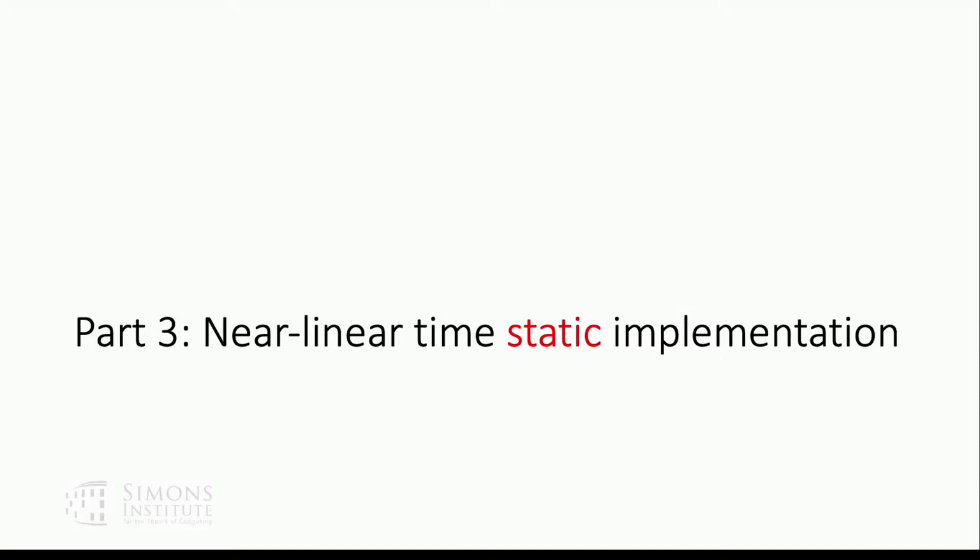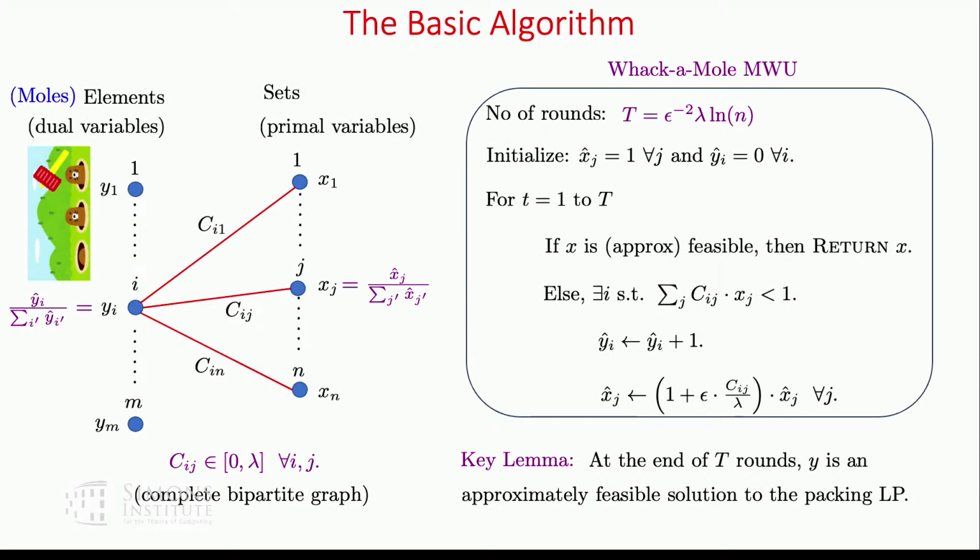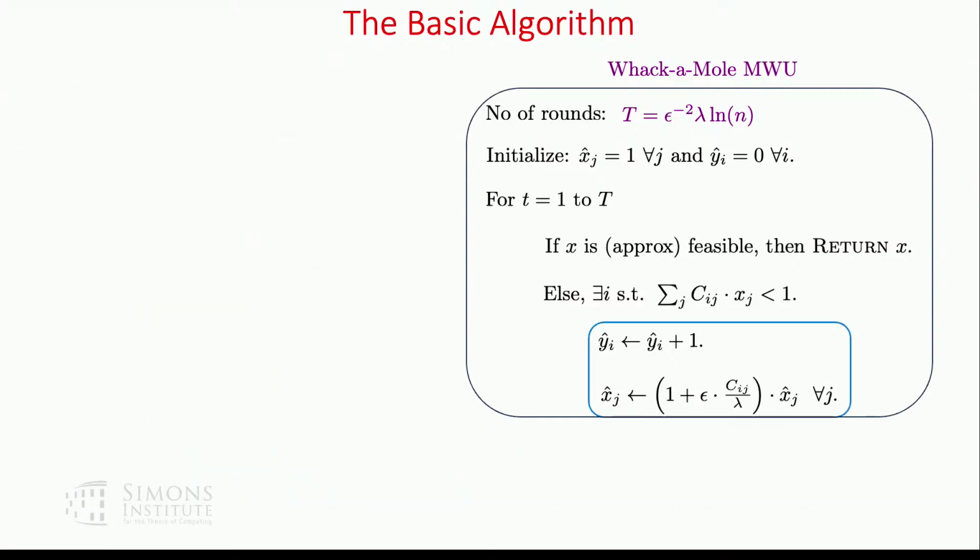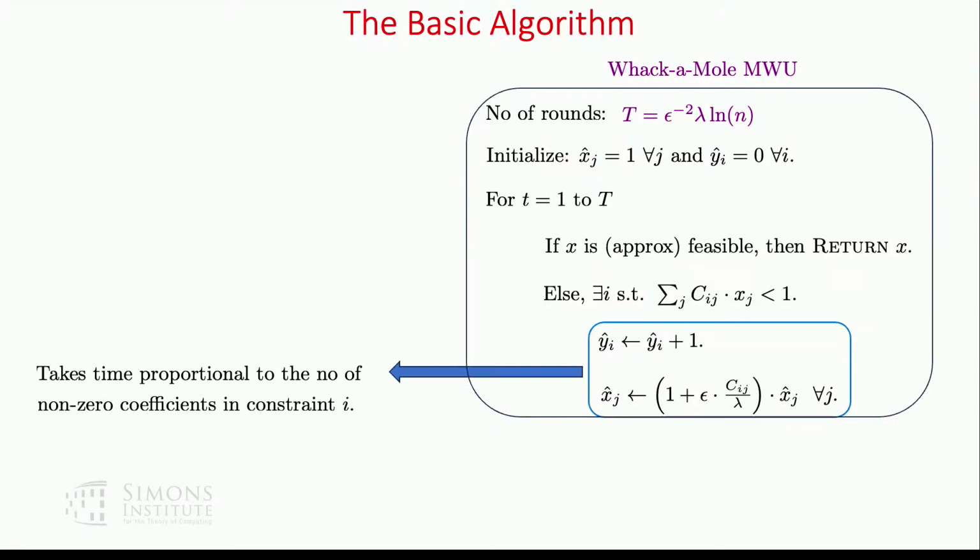We are now back in the static setting. So if you look at what this algorithm is doing, what is the inefficient part? If you just look at one whacking step, this part is actually very fast.